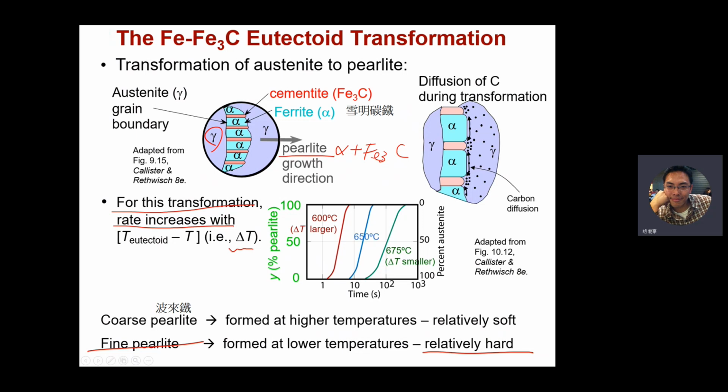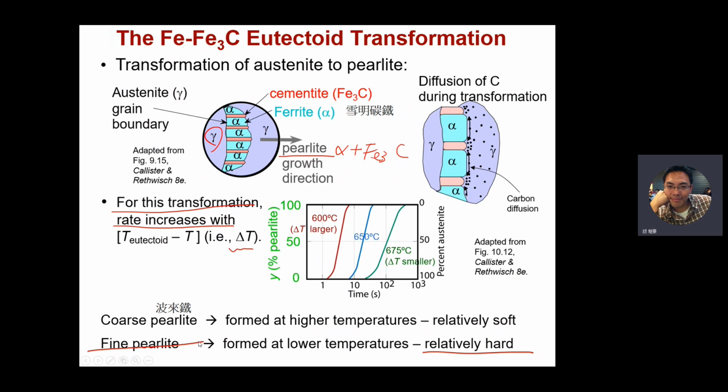For phase transformation, or for the eutectoid reaction, the transformation rate increases with the temperature of eutectoid minus the temperature that we want to cool to.